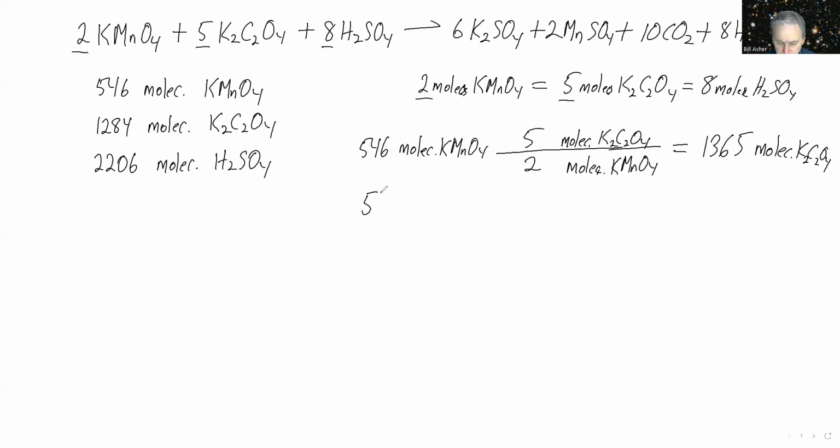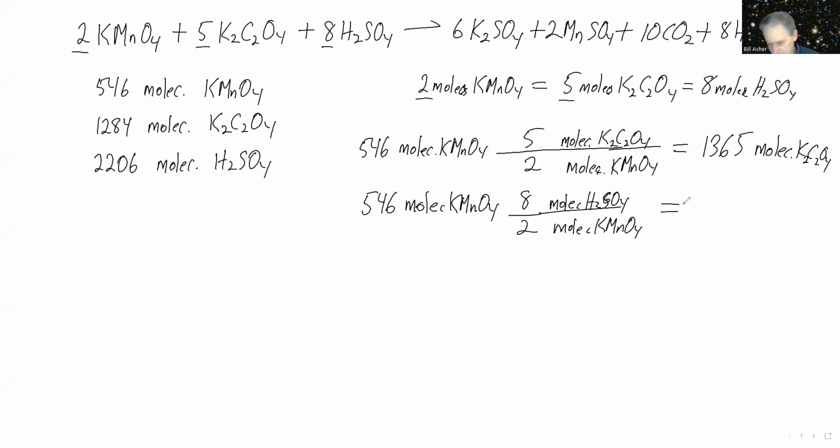We're going to get 546 molecules of KMnO4, and now the reaction is 8 divided by 2 molecules of H2SO4 per molecule of KMnO4. That's 546 times 4, which is 2,184.